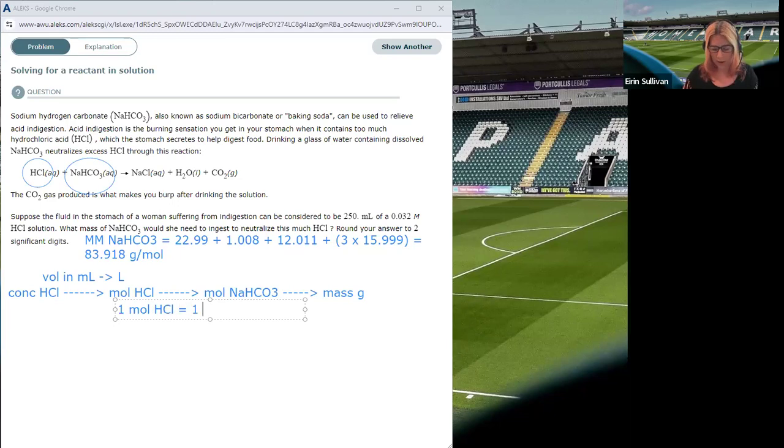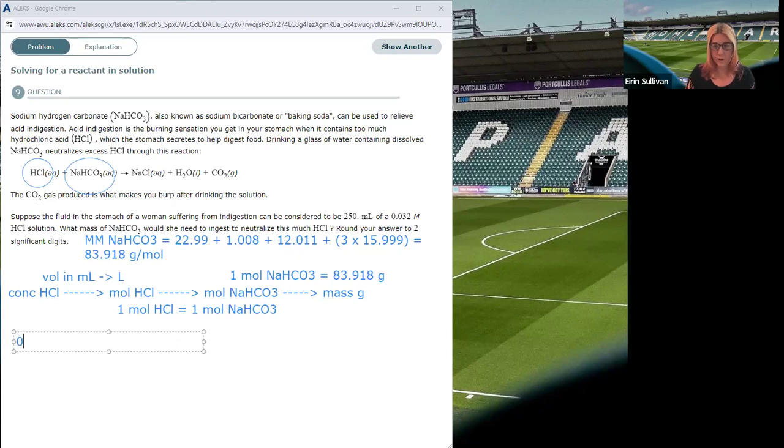We're going to do it anyway because it's so important to see how those units cancel, and not every equation is going to be as simple as this, okay? And then we're going to use that 1 mole of sodium hydrogen carbonate has a mass of exactly 83.918 grams.